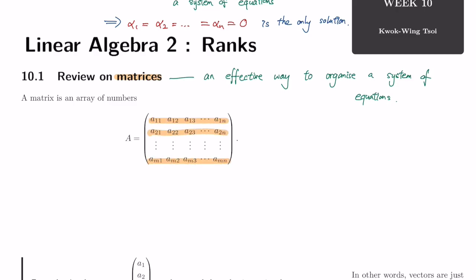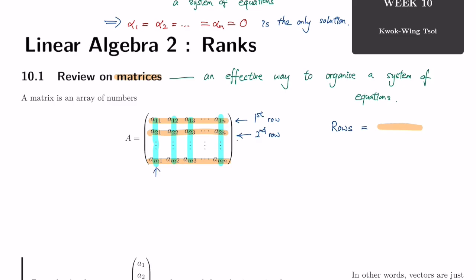So this is called the first row, and this is the second row, and so on. How about columns? Columns are the vertical array. So this is the first column, second column, third column, and so on.